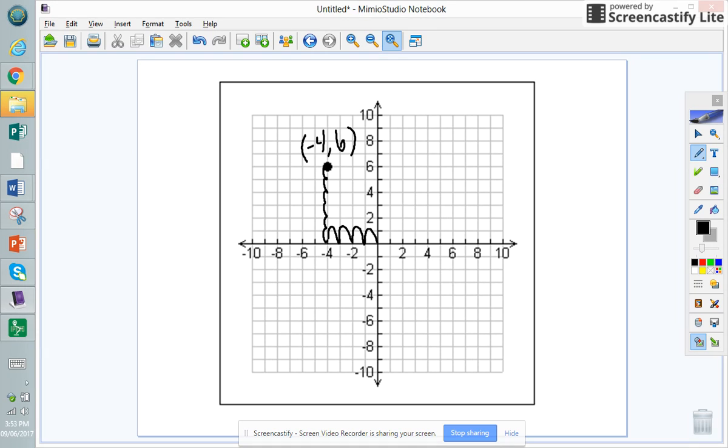If I said, please graph on your coordinate plane these coordinates, 6, 6, like this. 6 came first. 1, 2, 3, 4, 5, 6. That's the x-axis, and then we're going up. 1, 2, 3, 4, 5, and 6. So right there is 6, 6.